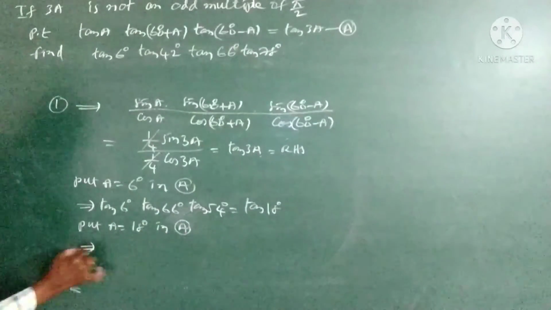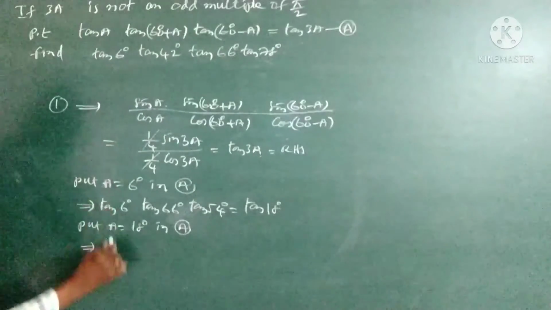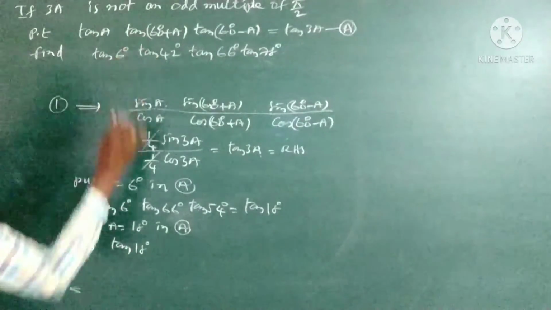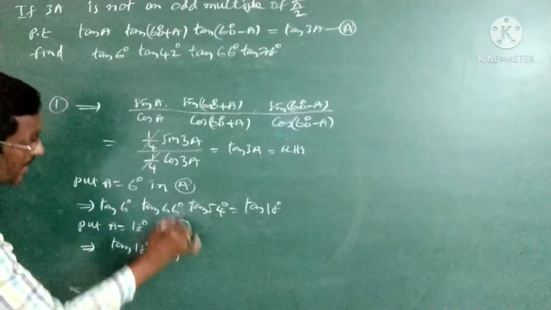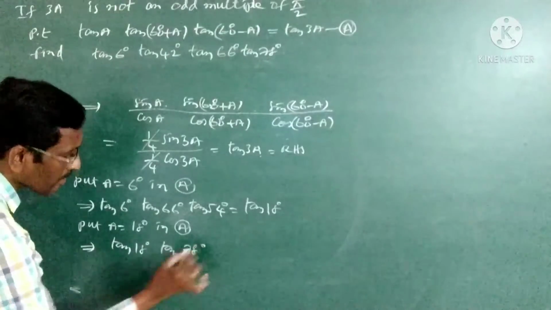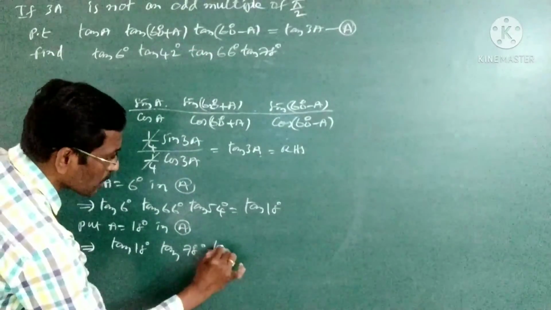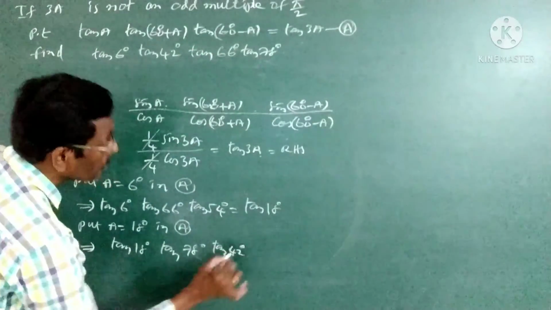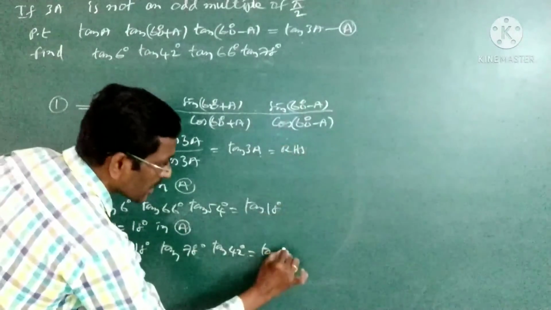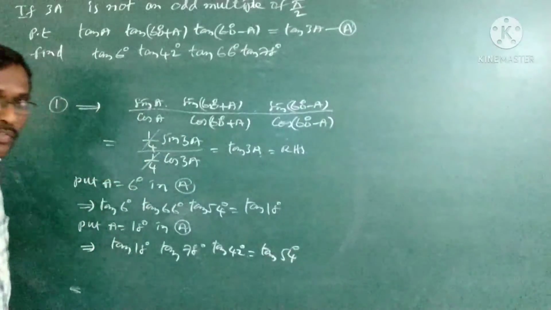So this implies that, once again write the values: tan 18 degrees, tan 78 degrees, because 60 plus 18 is 78 degrees, tan 42 degrees equals tan function 3a, 18 degrees is 54 degrees.